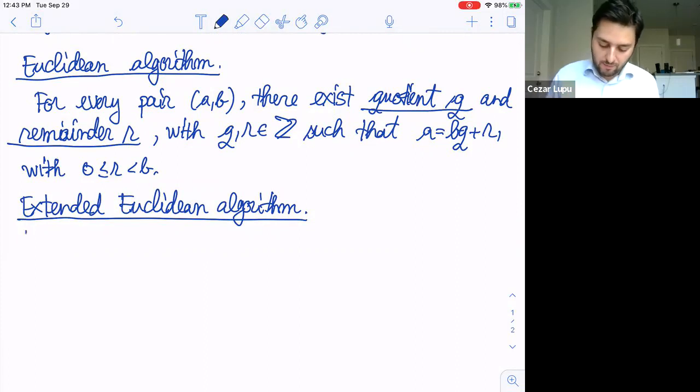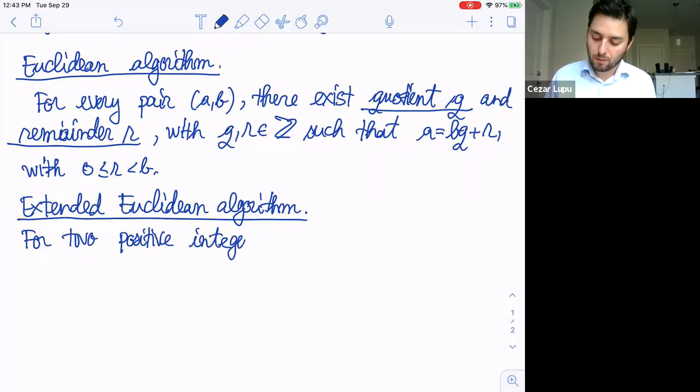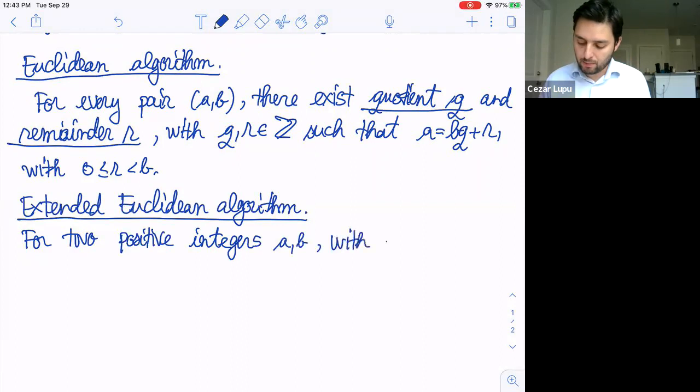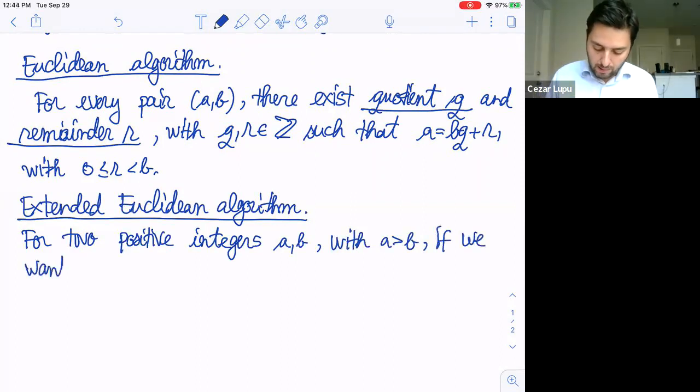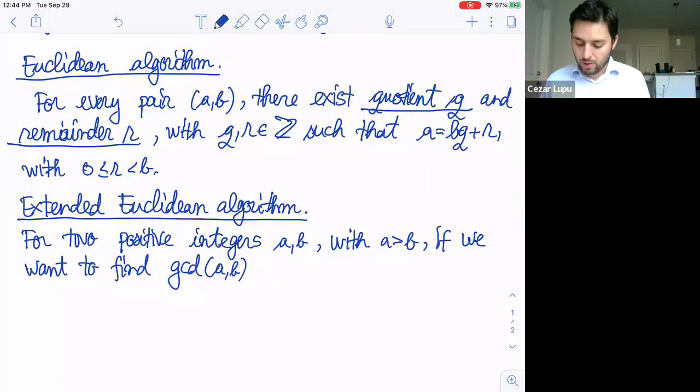For two positive integers A and B, with A greater than B, if we want to find the GCD of A and B, we use the division algorithm, the Euclidean algorithm, sometimes called the division algorithm.